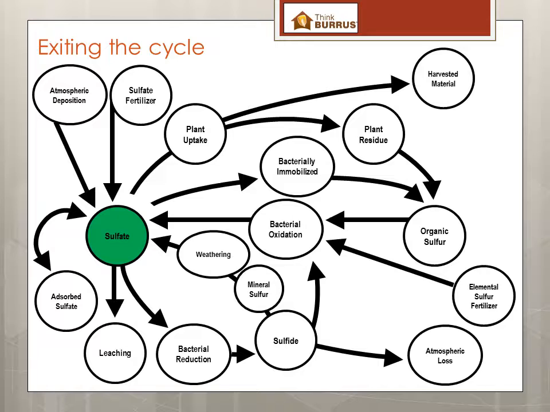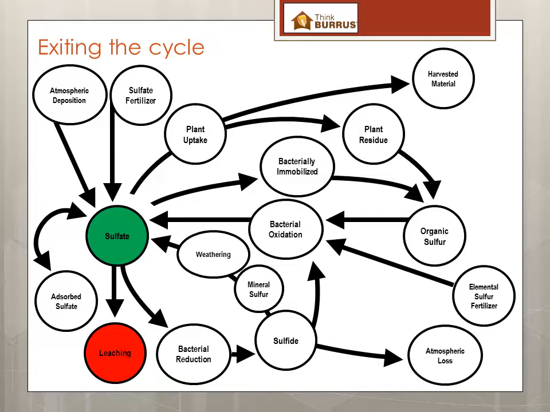So again, sulfate begins to explain why soil tests for sulfur are less reliable. Sulfate just doesn't hang around very long. And it also begins to explain why some of these coarse, sandy, low organic matter soil types tend to show more sulfur deficiency initially, or tend to maybe be the places where we see a little bit more response to sulfur fertilizer, because the sulfate rushes through that profile much more readily because of those big pore spaces.